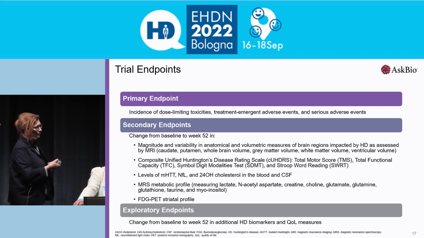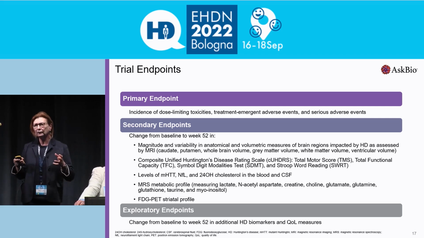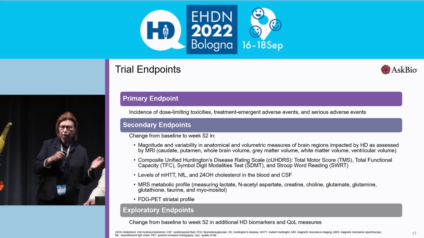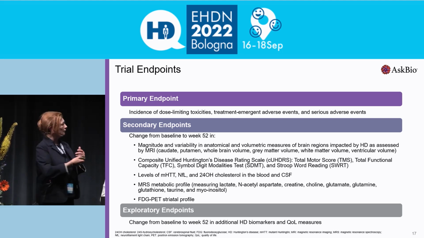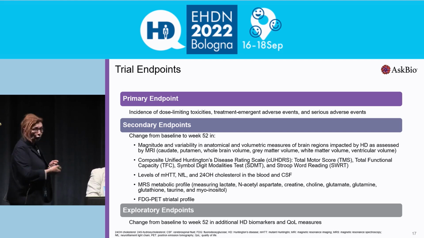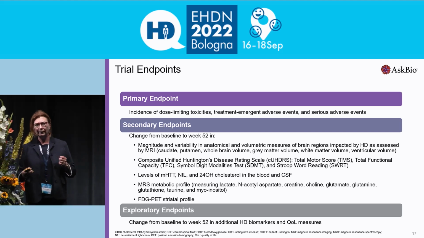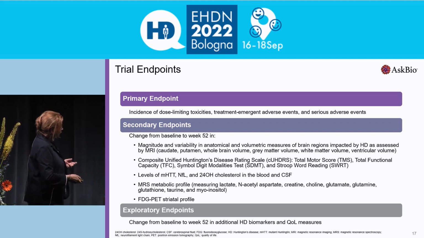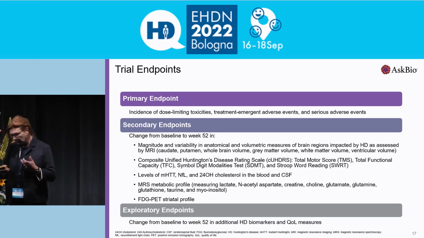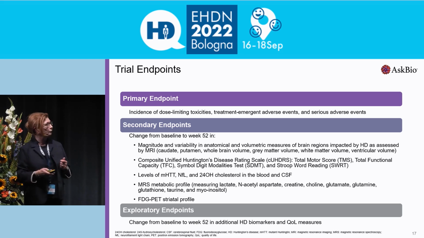And importantly, because we have this metabolic approach, we think that we should be able to see some modification between before and after treatment in MR spectroscopy profile, measuring different compounds, and glucose metabolism using PET glucose before and after treatment. And of course, we also have a number of other exploratory endpoints to really go more in depth into this mechanism of action.